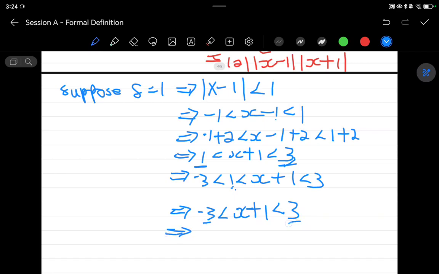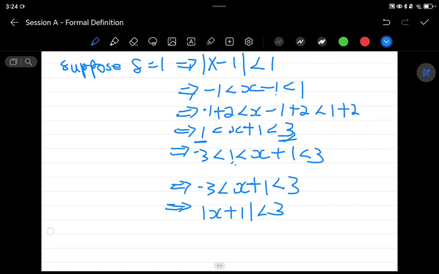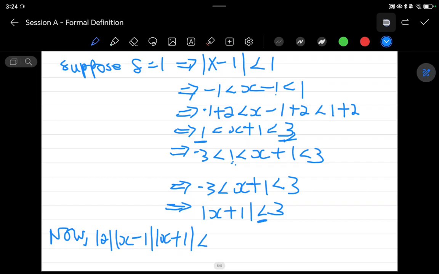Since these are the same but they differ in signs, now I can put this as the absolute value. Hence I now know that the absolute value of x + 1 is less than 3. Then I can come back to the equation: the absolute value of 2 times the absolute value of x - 1 times the absolute value of x + 1 will be less, because of this sign. I want to plug 3 in here, so I'll keep the sign as less than.